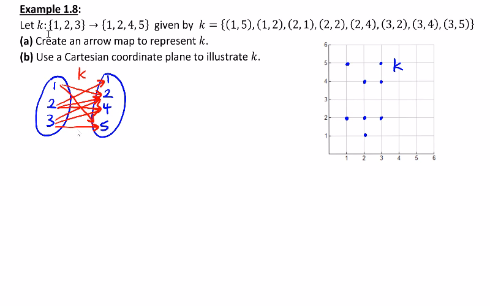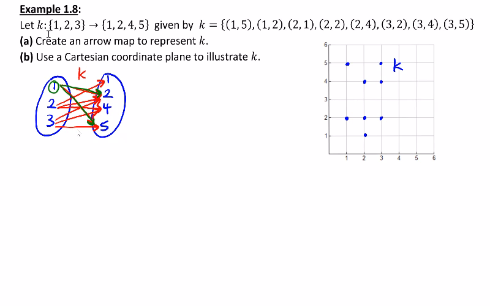In example 1.8, we had the most number of ordered pairs, the most number of correspondences, and it doesn't take a whole lot of analysis to start to figure out what's happening here. Take element 1 from the first set, it maps to 2, and it also maps to 5, which would be an indication of a 1-to-many type mapping.